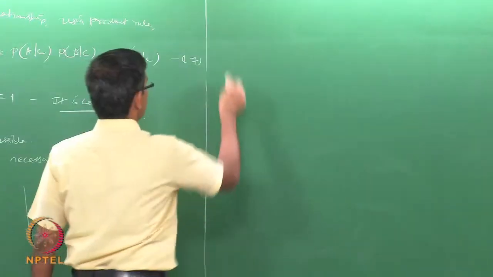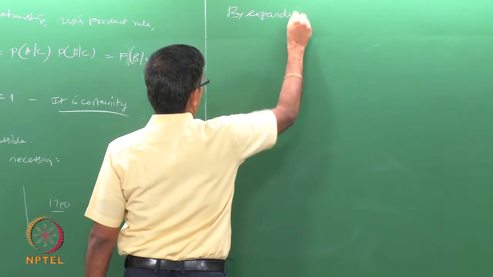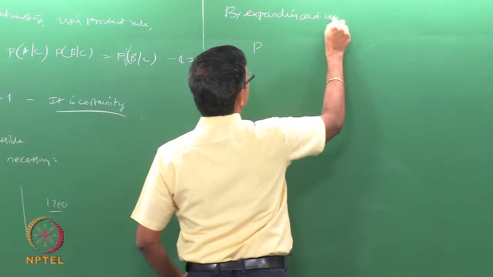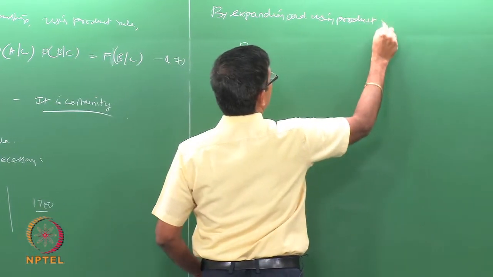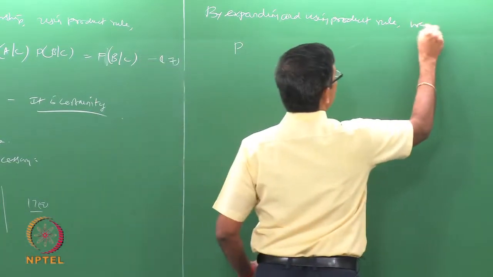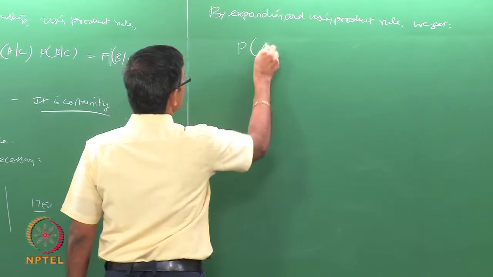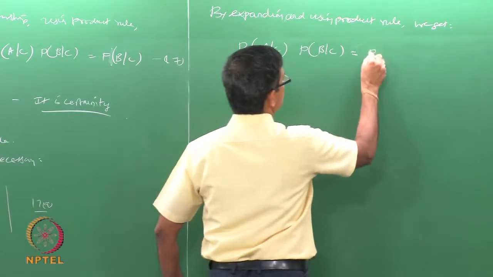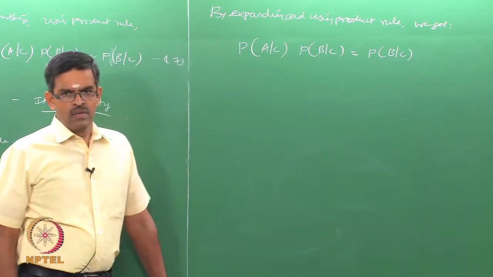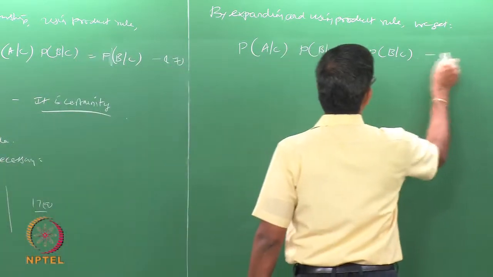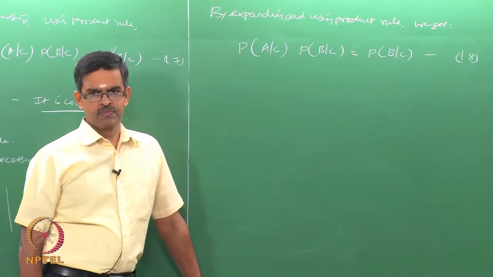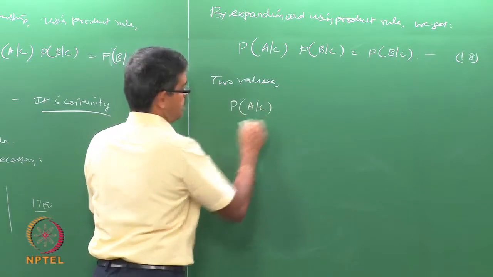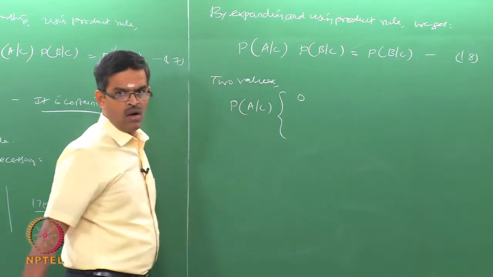Now, by expanding this relationship and using the product rule, we can easily write probability of A given C, probability of B given C is the same as probability of B given C. This equation holds two possible values: either probability of A given C can be 0 or it can be infinity.